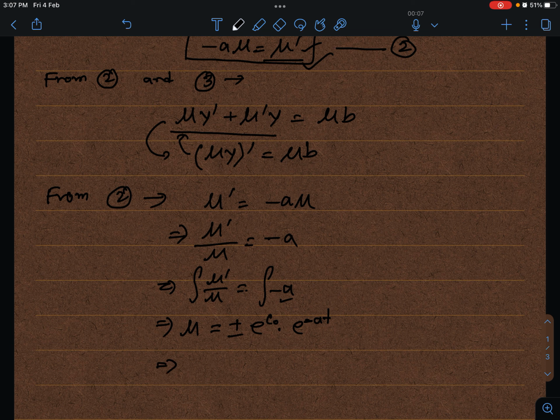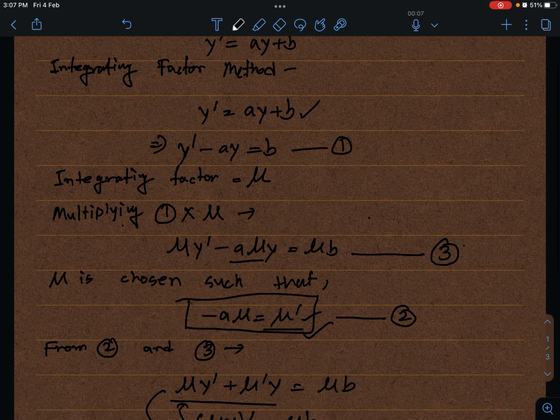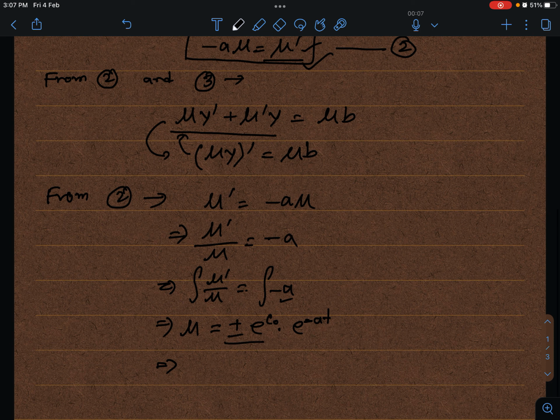This is not the final solution of the given equation, so let's say this particular constant is c1. So mu equals c1 e to the power minus at.